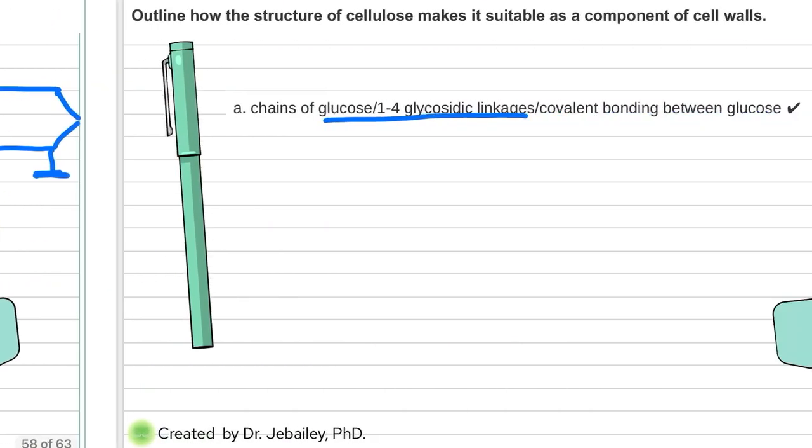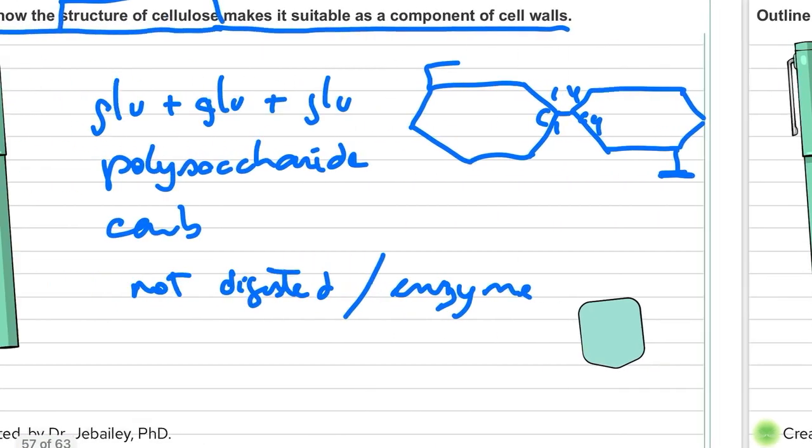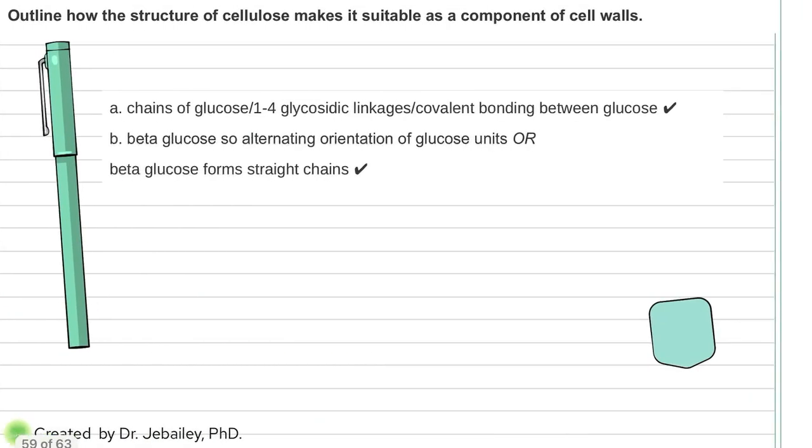So that means this is linear, and you can see that it's linear. Now, glycosidic linkage is basically the bond between them. As you can see, I can draw a bigger one showing the straight line. It is beta, of course. This is one of the reasons why we don't break it, because we can break the alphas, but we cannot break the beta glucose, okay?